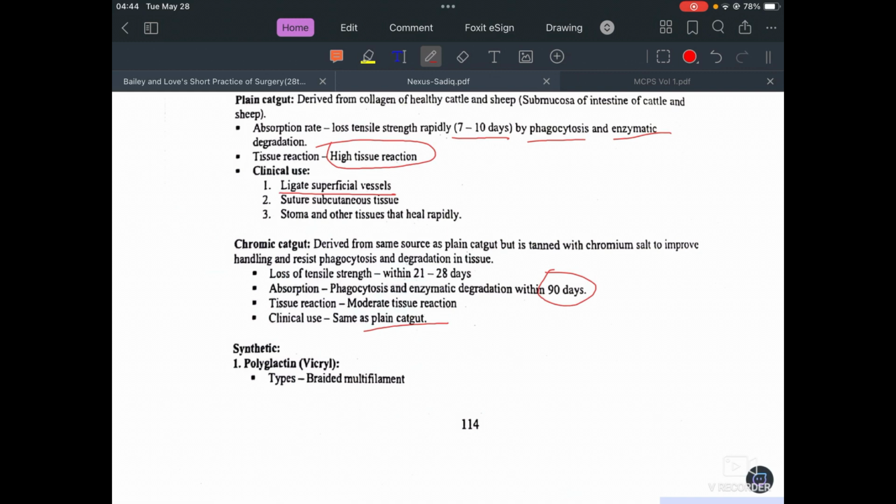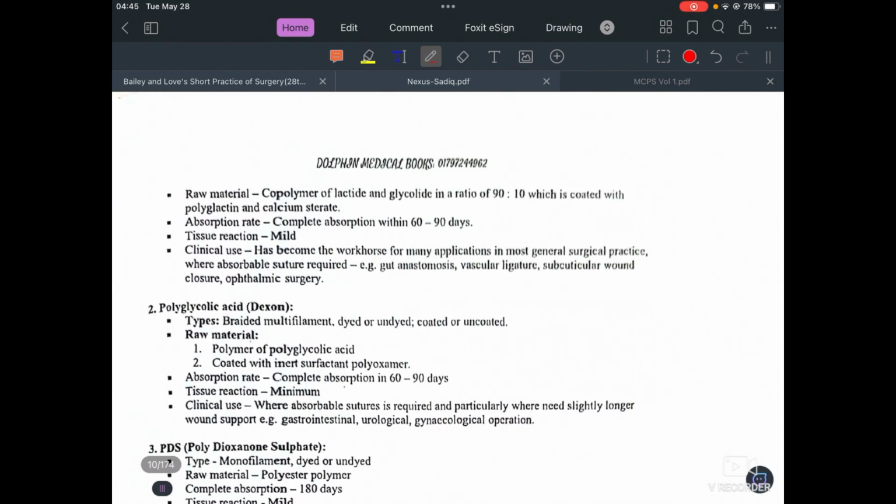Polyglactin is actually Vicryl. So another name of this violet suture is called Vicryl, violet Vicryl polyglactin, and type is braided multifilament. Raw material copolymer lactide and glycolide in ratio of 90 to 10. So here lactide is more, 90%, and the glycolide is 10.